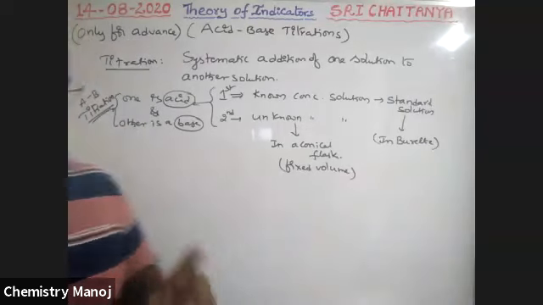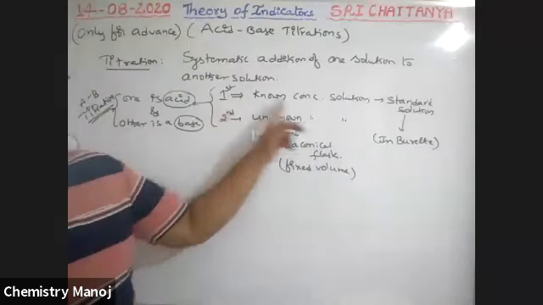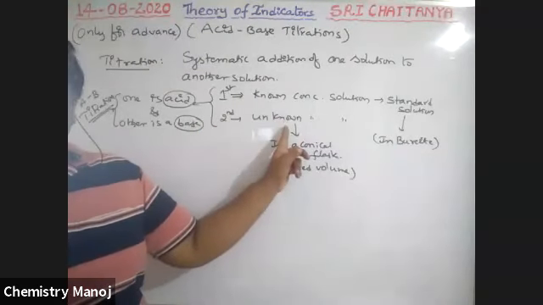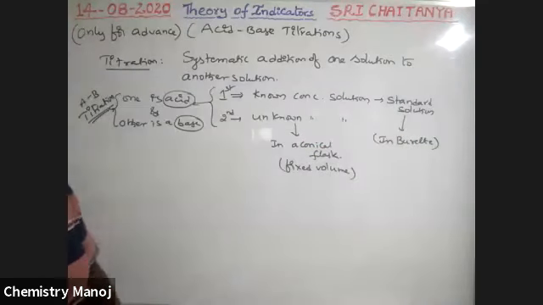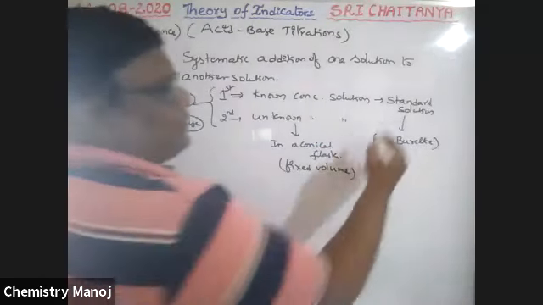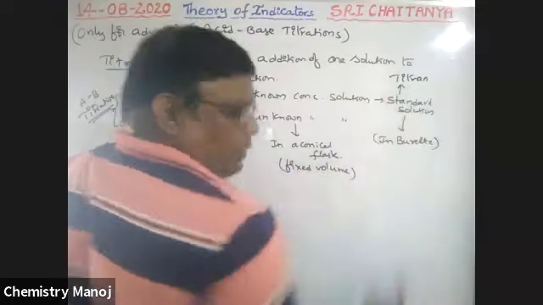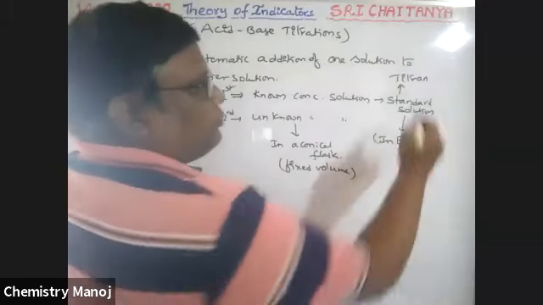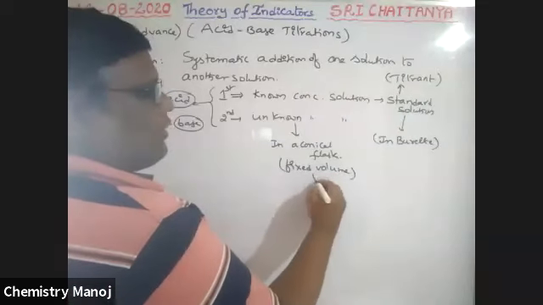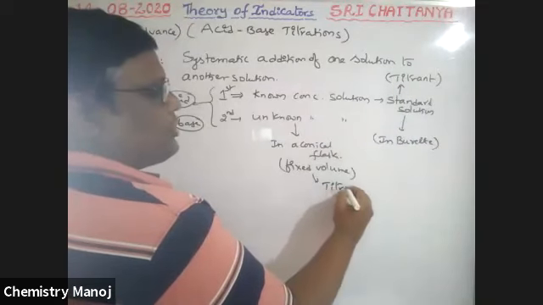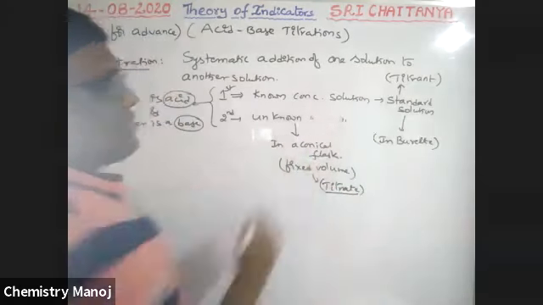Okay, so there are two solutions. One is a known concentrated solution, another one is an unknown concentrated solution. The known concentrated solution is called the standard solution, which is also called the titrant. The unknown concentrated solution, which is taken in a conical flask, is called the titrate.